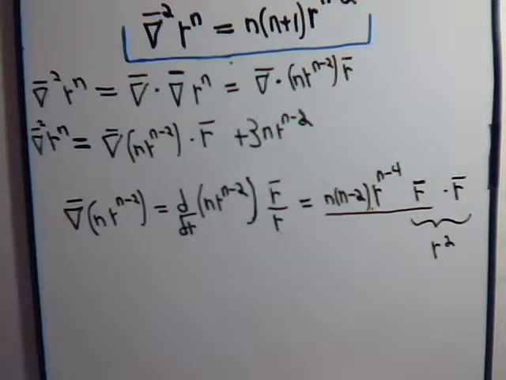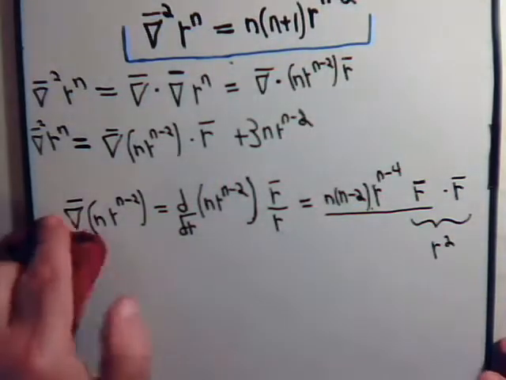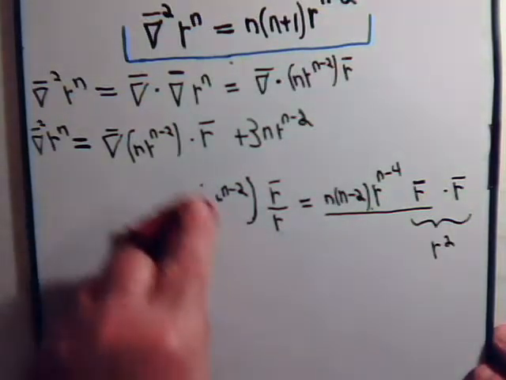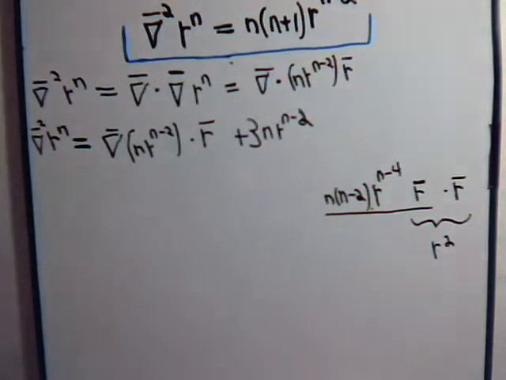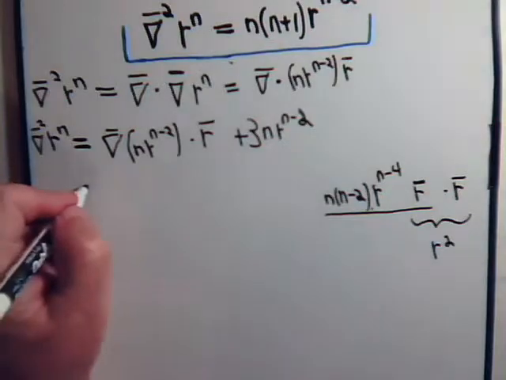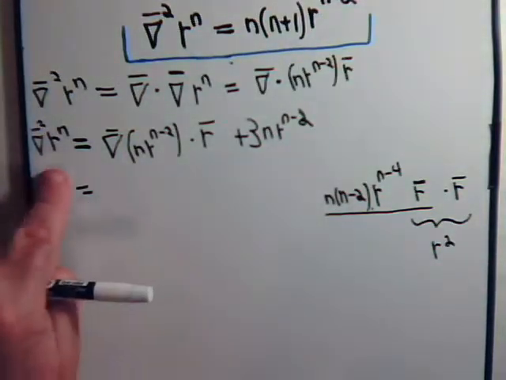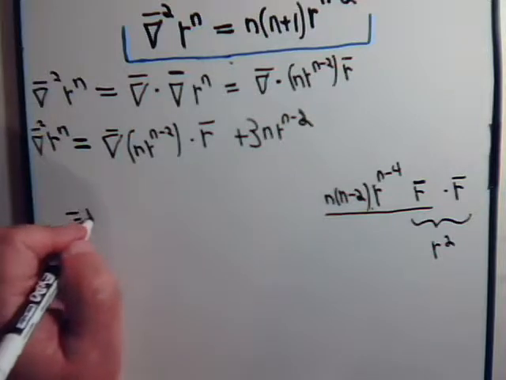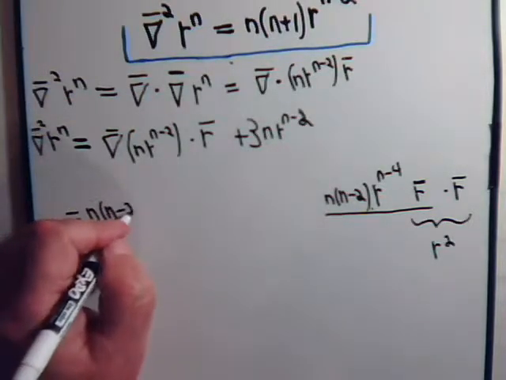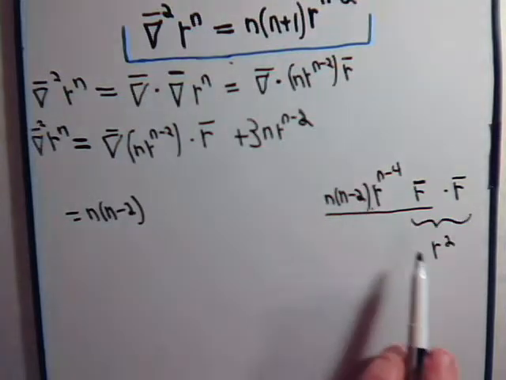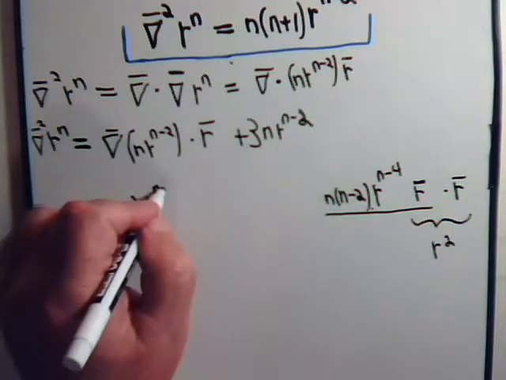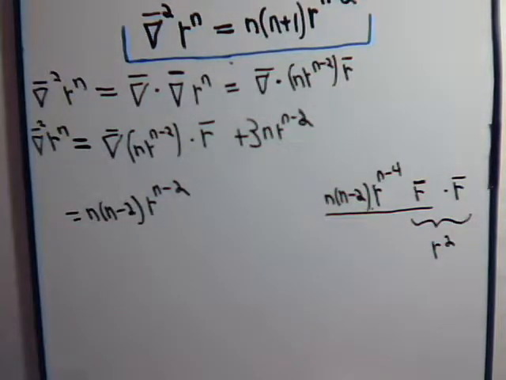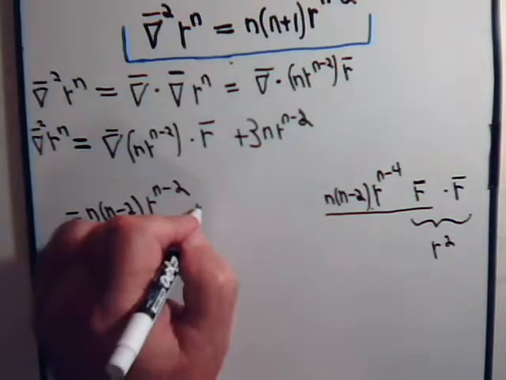So with this expression right here, we're going to have n times n minus 2. Here we have r to the n minus 4 times r squared. That's going to be r to the n minus 2.